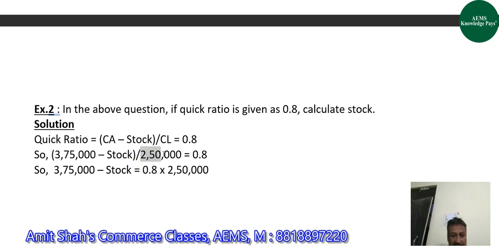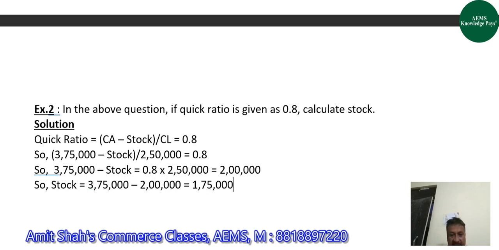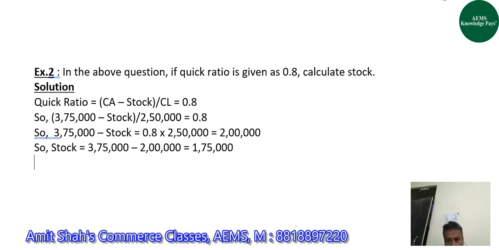This 2,50,000 which is getting divided here, that now has got multiplied with 0.8 by going to the right hand side. And that would be equivalent to how much? 2 lakhs. So stock would be 3 lakh 75 minus 2 lakhs, that is 1 lakh 75. I hope, guys.